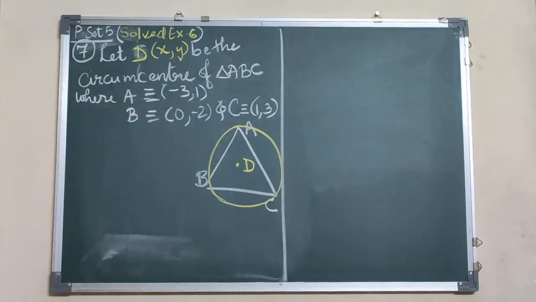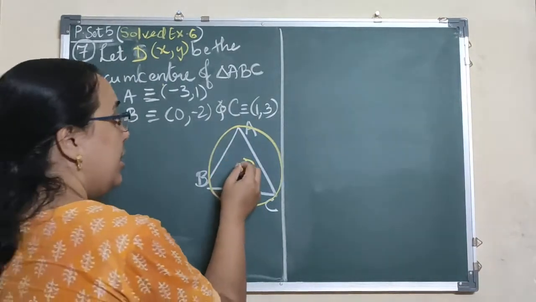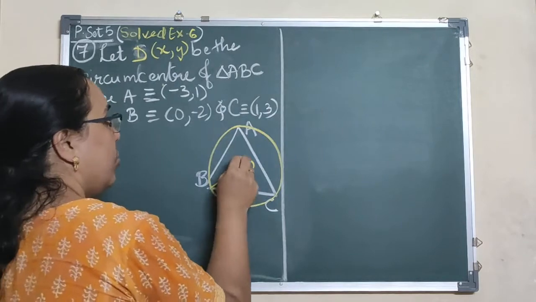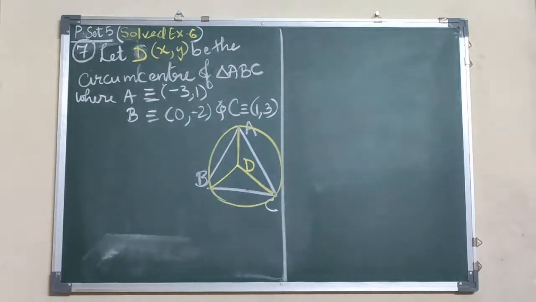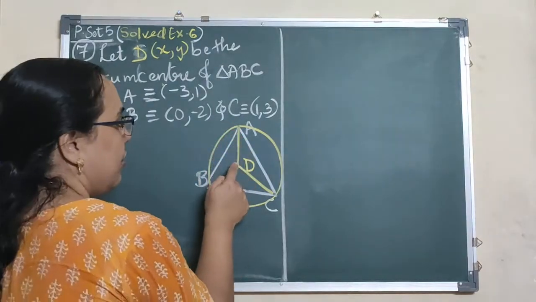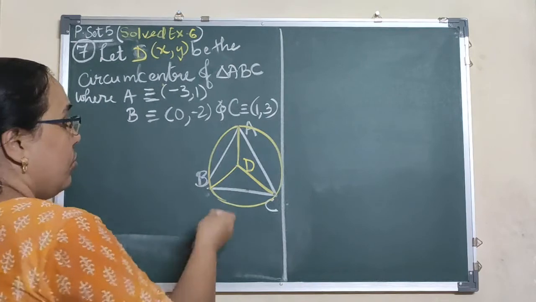The circle passing through the vertices is called a circumcircle, and the center of that circle is called a circumcenter. So this is my point D. So from point D to B, to A and to C, it is equal. That means AD is equal to BD is equal to CD. Okay, make note of this.